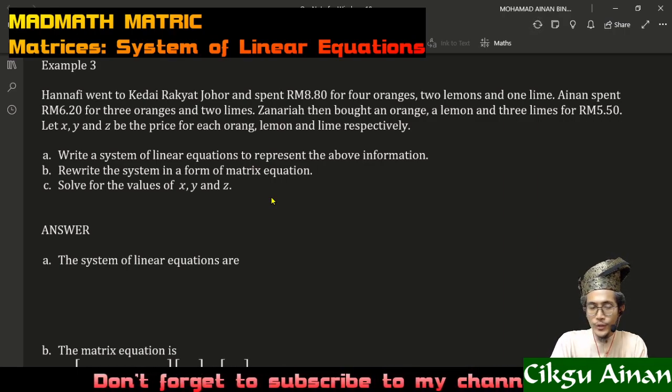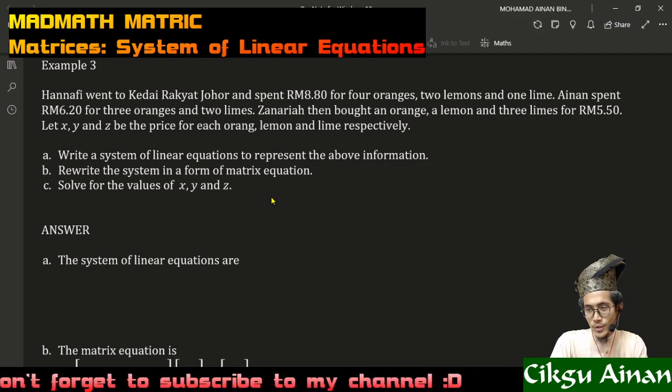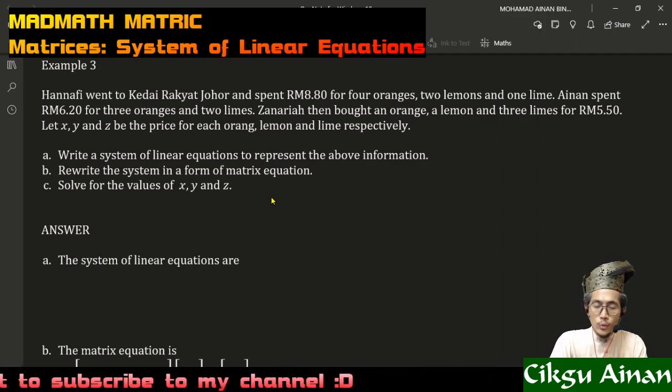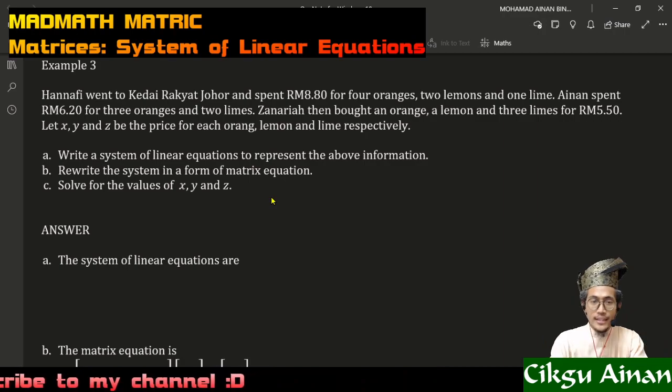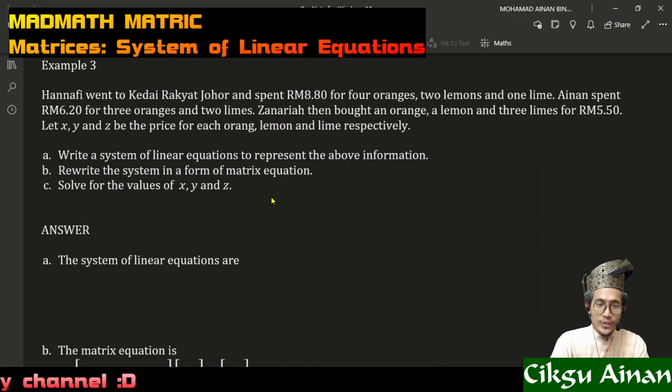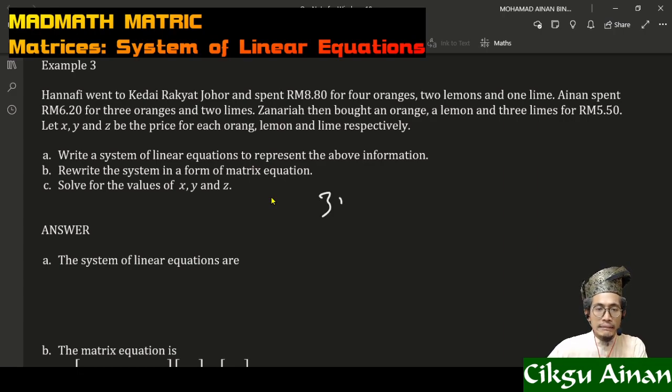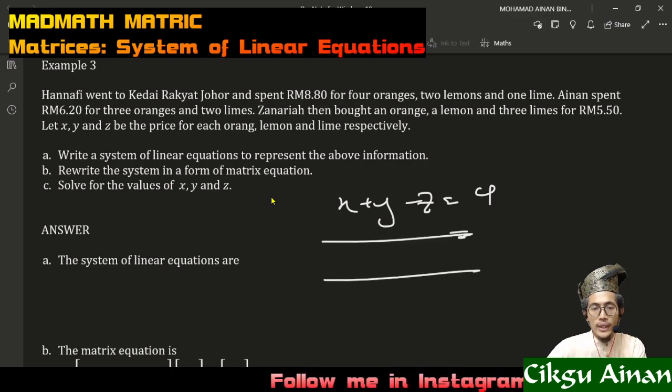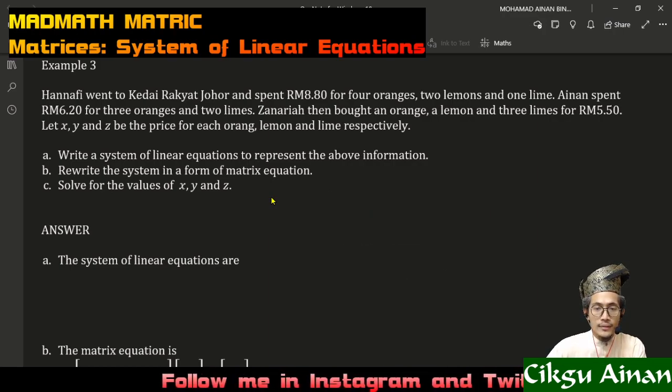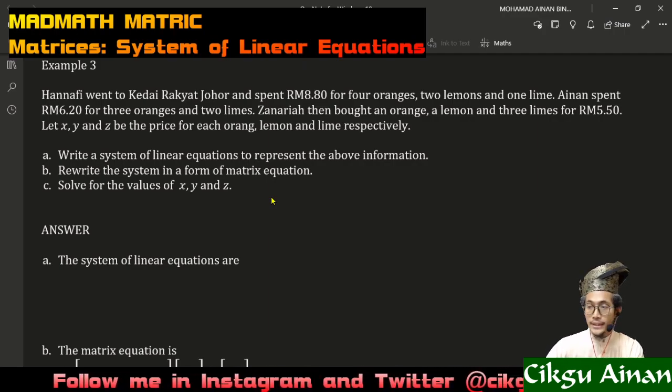We don't have a system of linear equations. So what we have to do, we have to change the English sentences into a system of linear equations. We have to come up with the 3x plus y minus z equal 4, all those equations. It must be 3 equations.